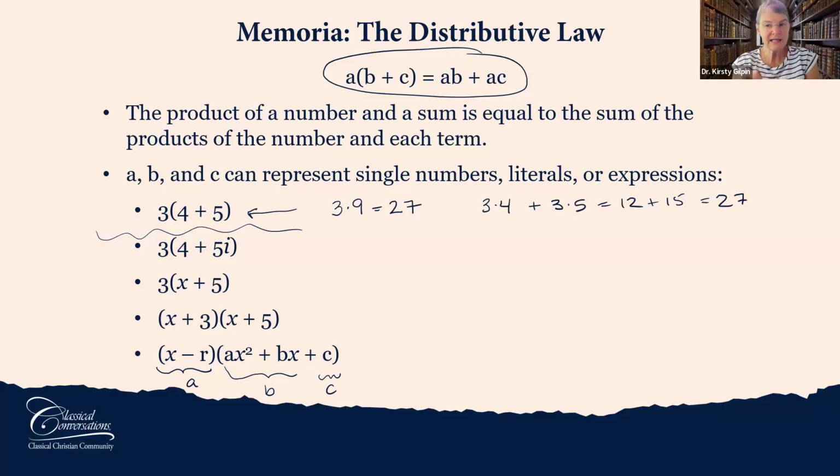So it is true when we just have numbers. It is often not as powerful, because I could simplify within my parentheses and then multiply. But as soon as I can't simplify within those parentheses, that's where the distributive law becomes really powerful. We're going to look in a minute at how we use the distributive law, but it's kind of hidden when we're dealing with big numbers.